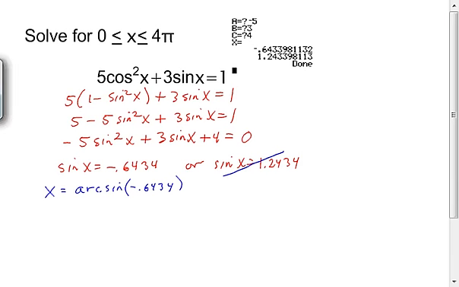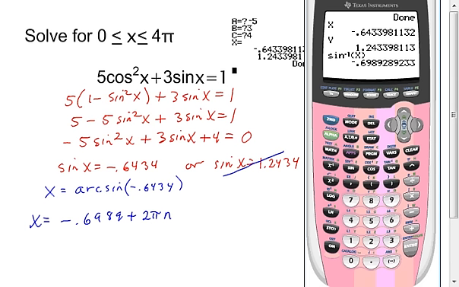So negative 0.6989 plus 2 pi n. That's one value for x. And remember how you do arc sine. The other one is going to be pi, because we're in radians, minus that value we just found. So I'm going to use the second answer.